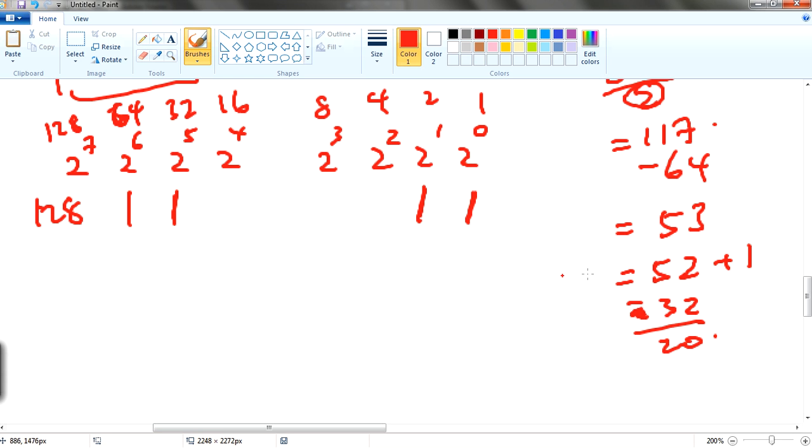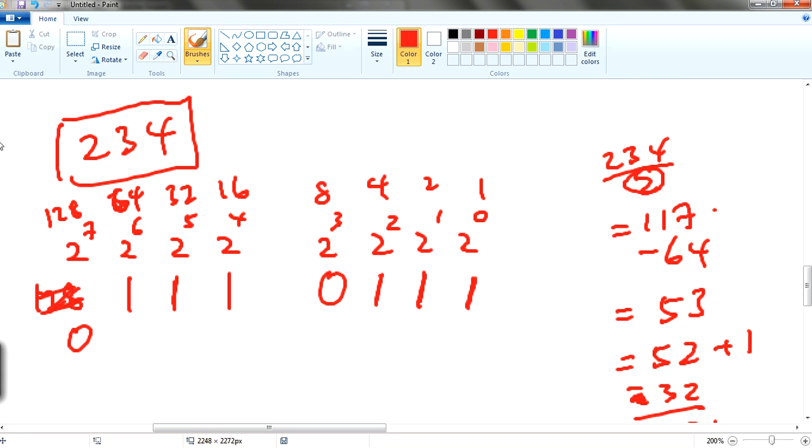So we have 20 now. 16 is inside 20 also. So 20 minus 16, you have 4. There is only one 4 over here, and there is no 8. So this is your binary number: 0 1 1 1 0 1 1 1.